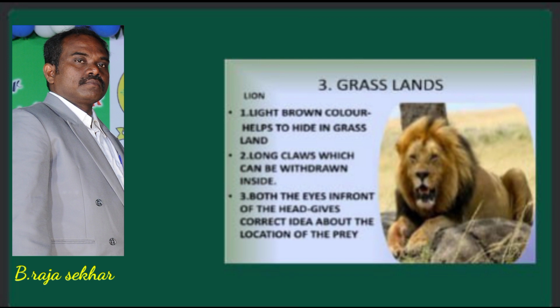Next, grasslands. In grassland areas and forest regions, there is the lion, one of the wildest animals. Light brown color helps it hide in the grassland. Long claws can be withdrawn inside.